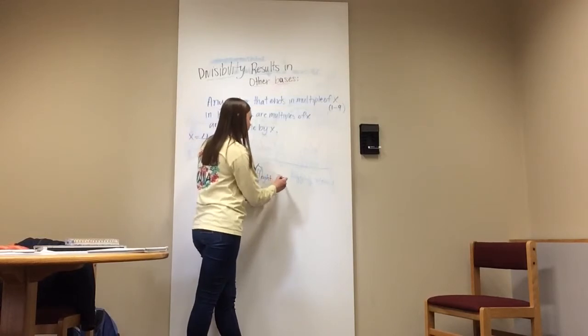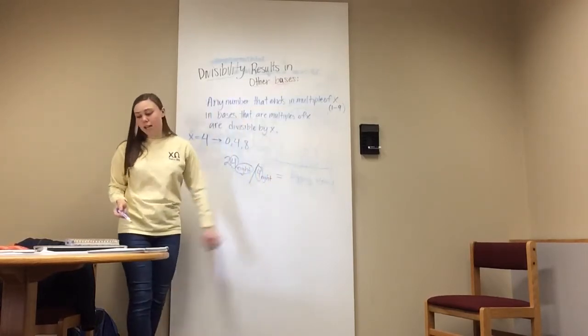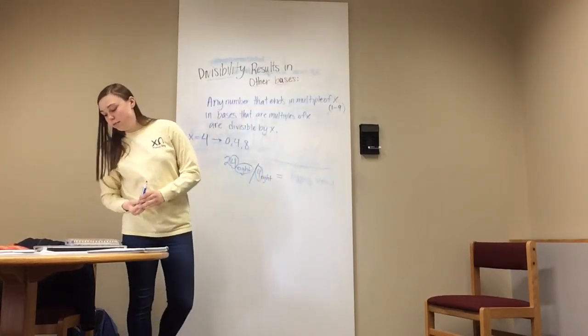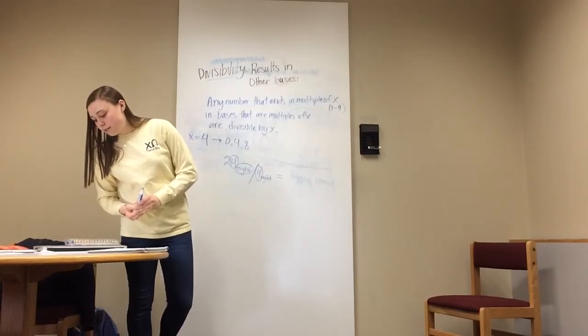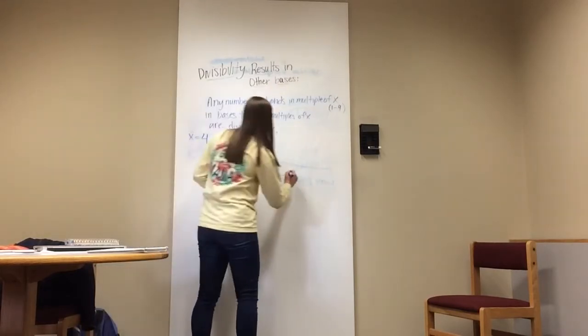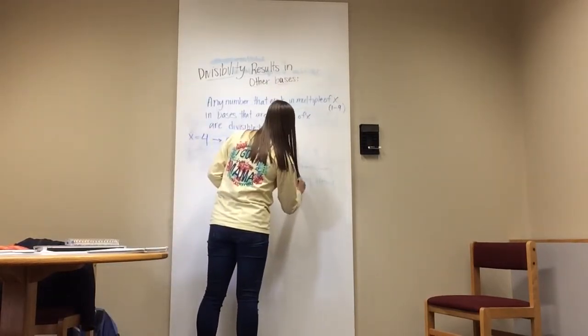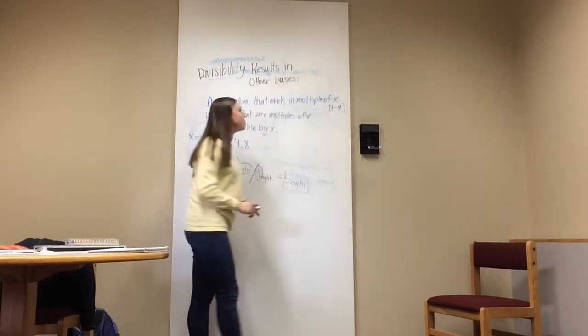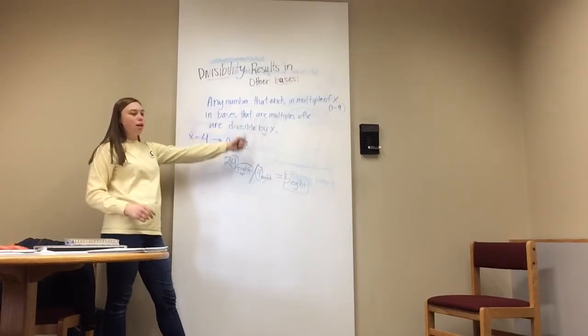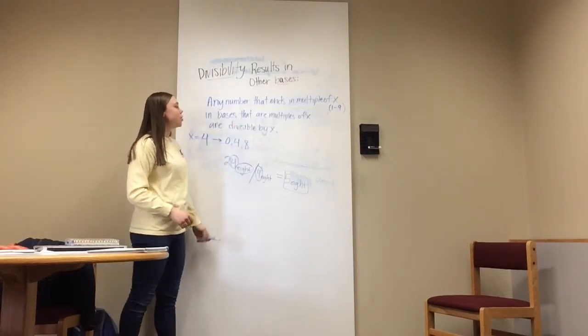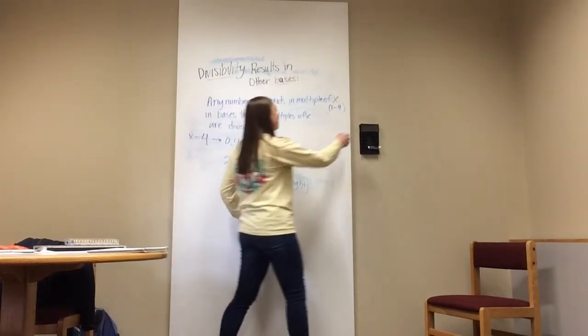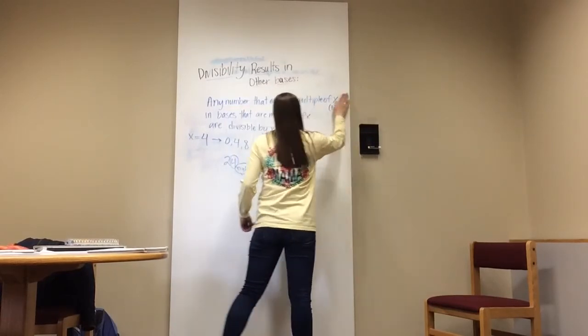And we know that 24 divided by 4 in base 8 is going to give us 5 in base 8. Okay, so that's going to be a big trick that you can use for divisibility in other bases.